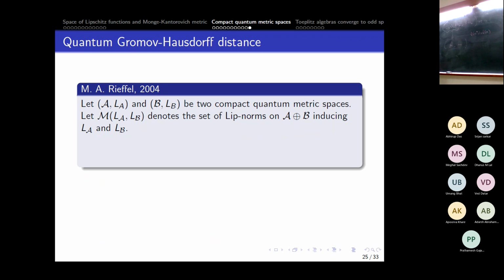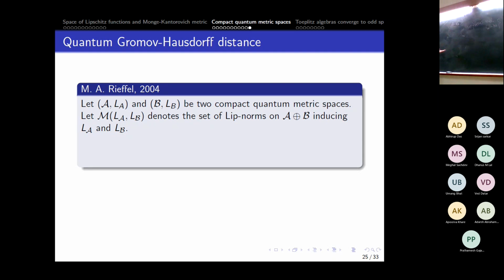I would like to recall that if we have (A, LA), then the state space with this particular rho L, which was defined as the supremum: rho L of phi and psi is the supremum of phi of a minus psi of a, where LA of a should be less than or equal to 1. So this was a compact metric space.